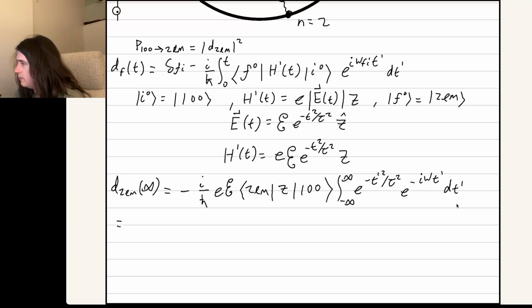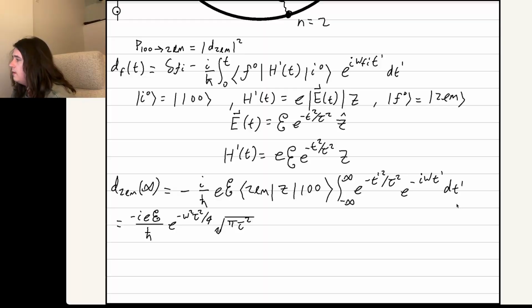So we got minus i e fancy E over h bar. The result of that integral is e to the minus omega squared tau squared over 4 times the square root of pi tau squared.